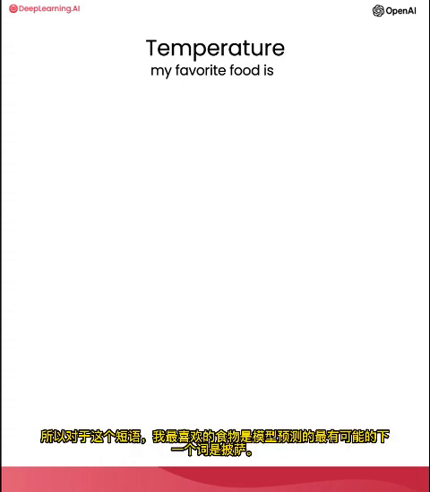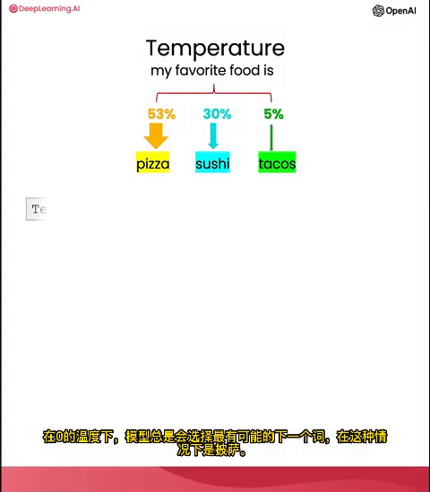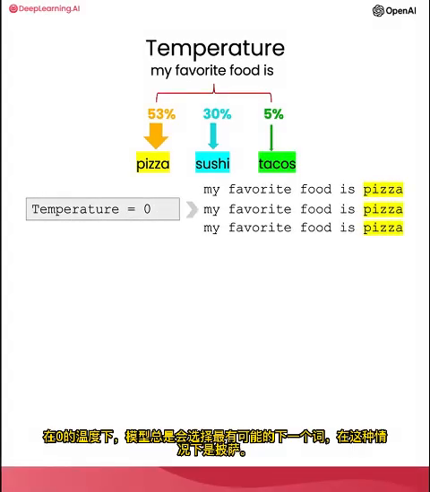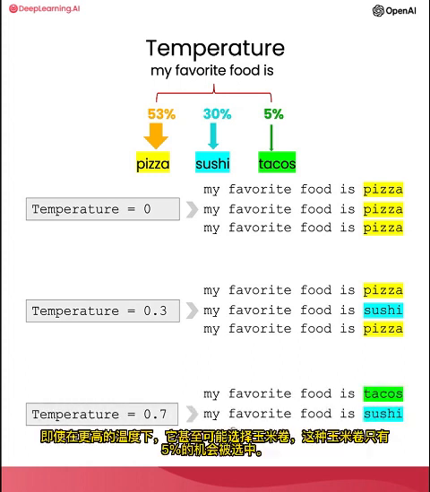And so for this particular phrase, my favorite food is, the most likely next word that the model predicts is pizza, and the next most likely it suggests are sushi and tacos. And so at a temperature of 0, the model will always choose the most likely next word, which in this case is pizza. And at a higher temperature, it will also choose one of the less likely words, and at an even higher temperature, it might even choose tacos, which only has a 5% chance of being chosen.